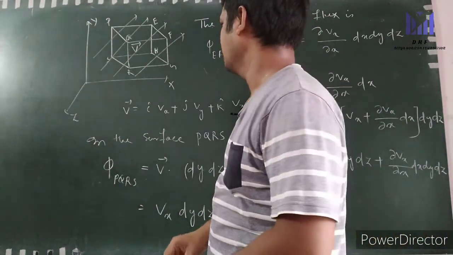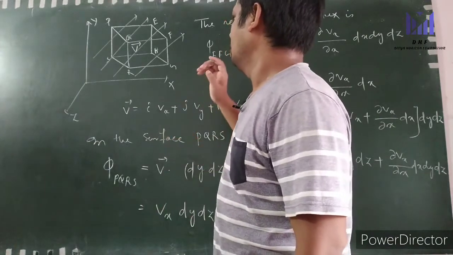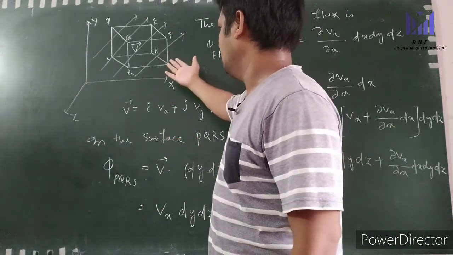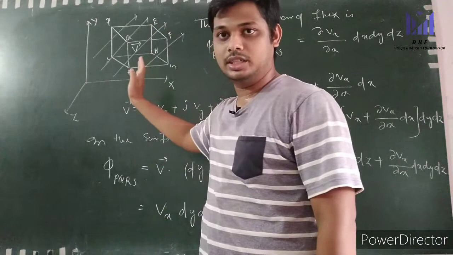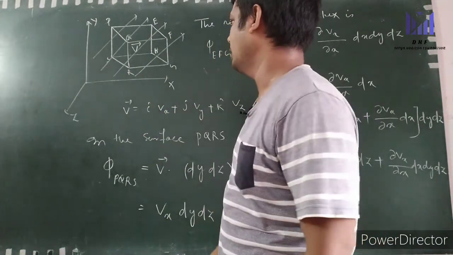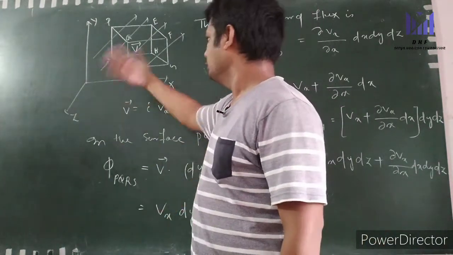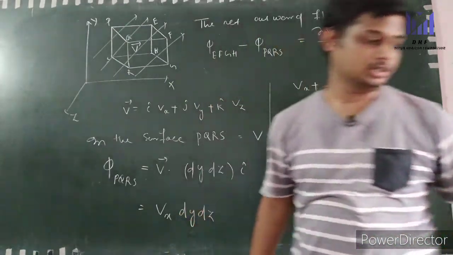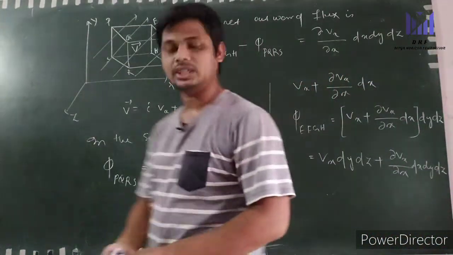It means the net flux going out of the box in the x direction minus the net flux coming into the box in the x direction. Okay.